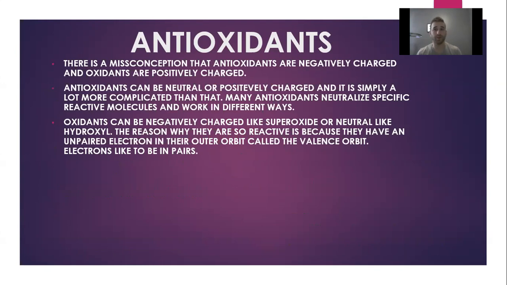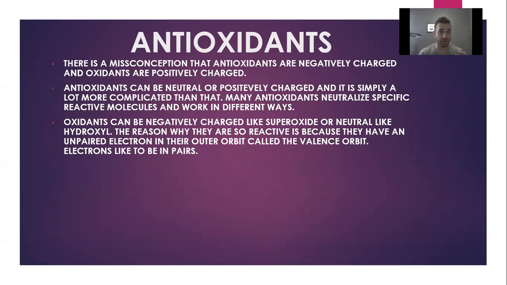So any molecule, substance, or atom that doesn't have paired electrons in that outer orbit, okay, becomes reactive, and they start looking for that electron. They become electron hungry.